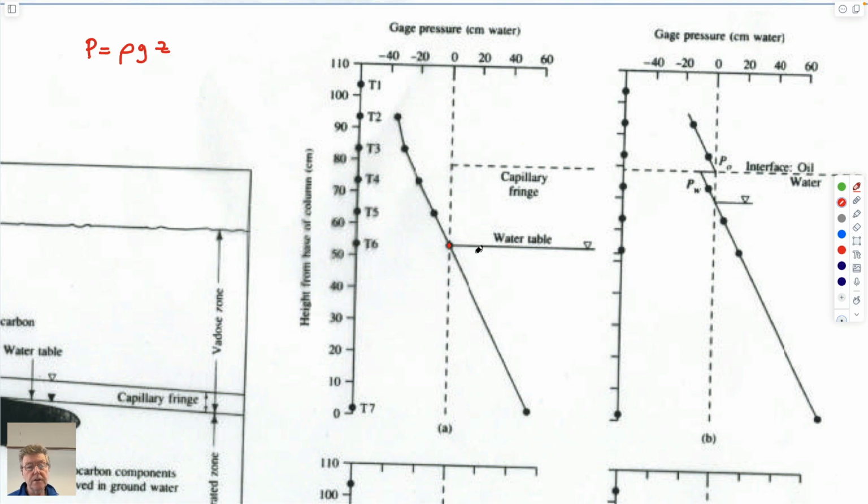Below it, it is the water table. Above it, it is partially saturated because it's tension saturated. The water's in tension. You know it's in tension because if we drew on it the air pressure here, the air pressure would go up like this, not quite on that axis, but this would be equivalent air pressure.